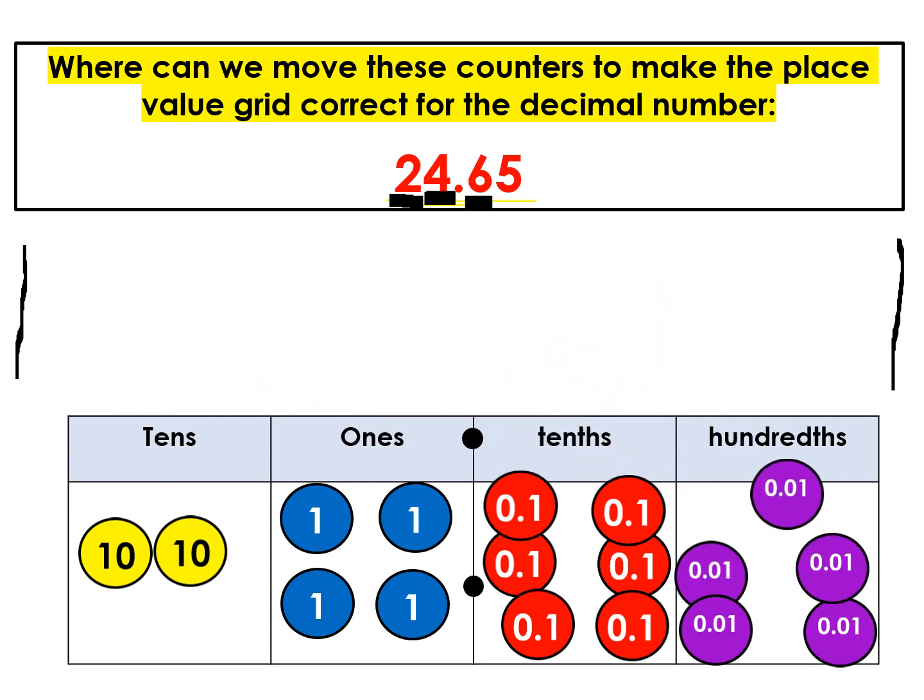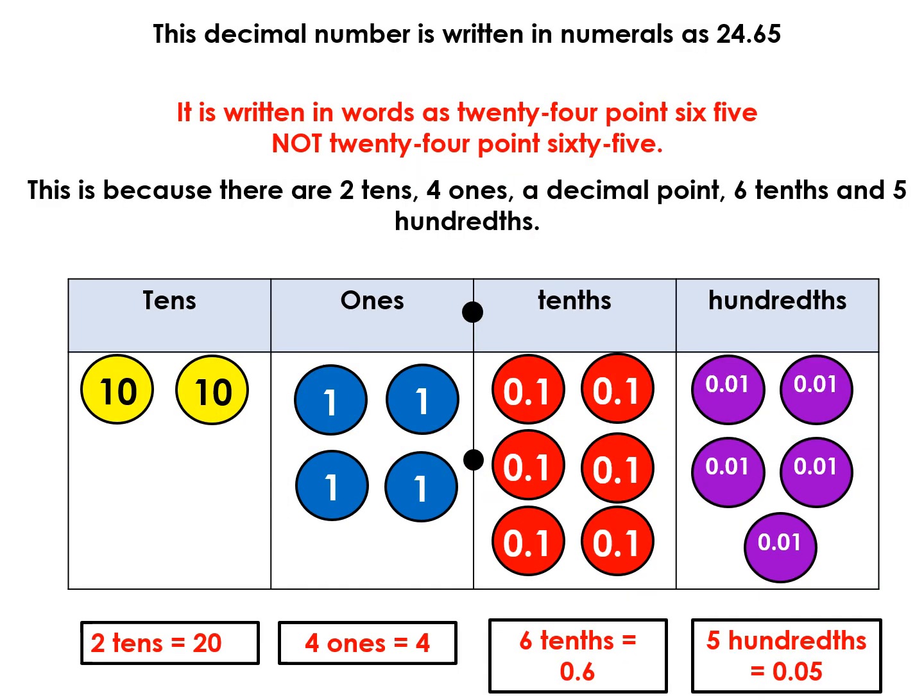And then as you can see, if we go on to the slide, we've got 2 tens, and 2 tens equal 20. Got 4 ones which equals 4. We've got 6 tenths which equals 0.6, and then we've got 5 hundredths which equals 0.05.